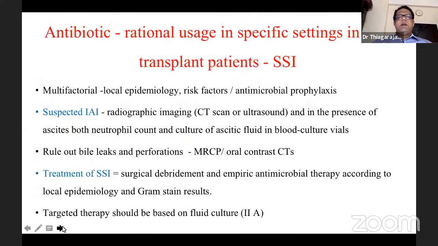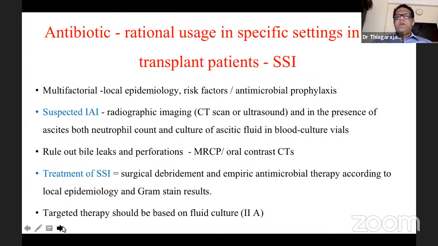When we look at surgical site infections, it is often multifactorial. It depends on what antimicrobial prophylaxis you used, what the risk factors for this infection are, and also the local patterns. Whenever you suspect an intra-abdominal infection, rather than jacking up the antibiotics, you should do source control.